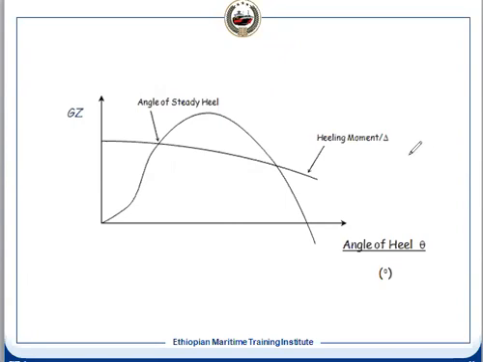Suppose G is constant, so we take delta. So the heeling moment is delta multiplied by GZ, and it is the moment required to heel the ship at that angle. If we draw this curve, heeling moment divided by delta against the angle of heel, at each angle of heel the heeling moment will change, and delta is constant.